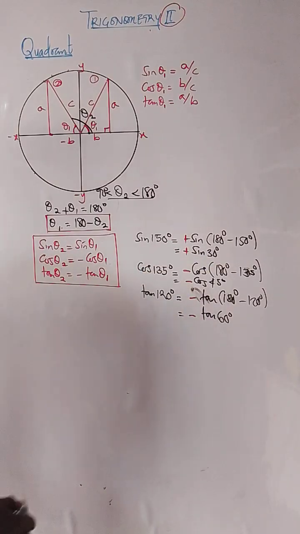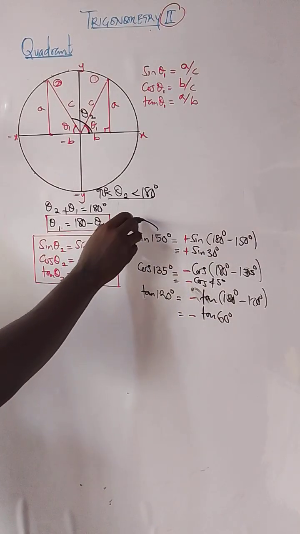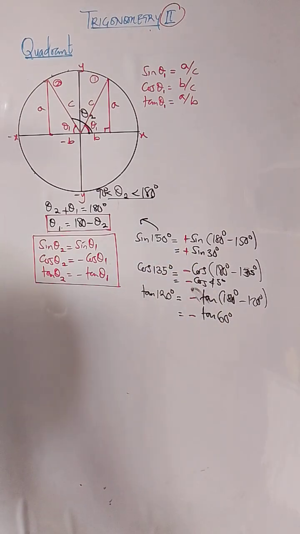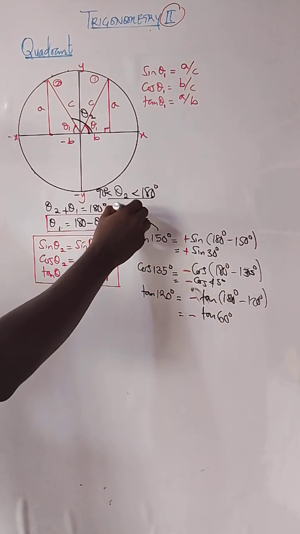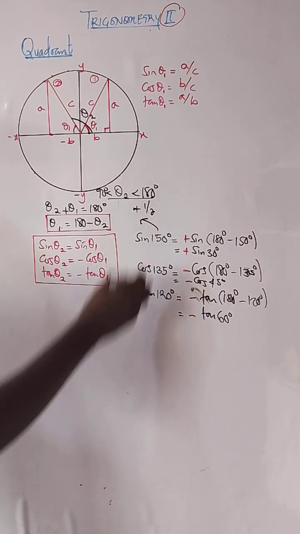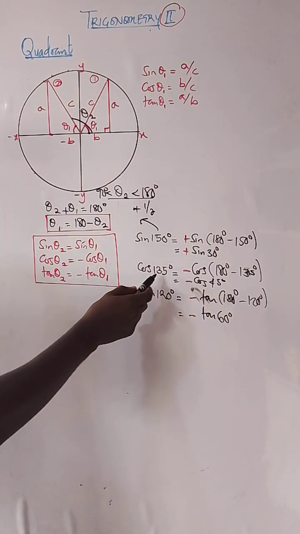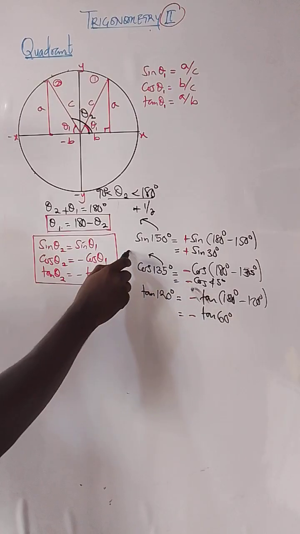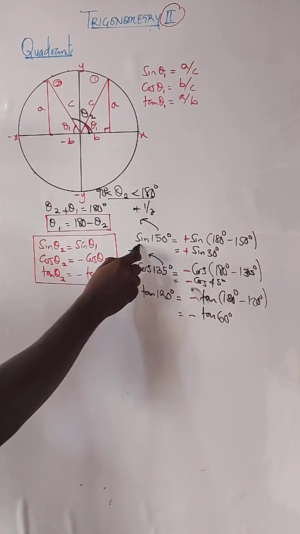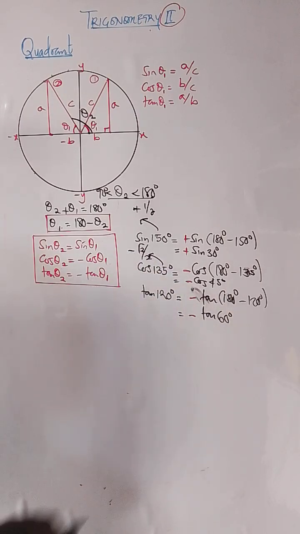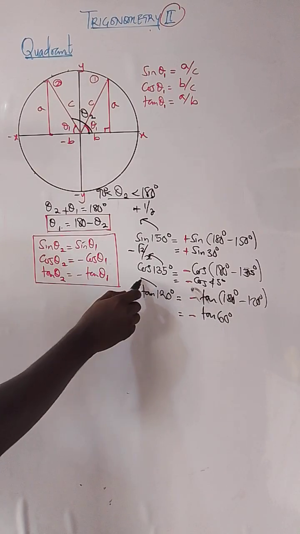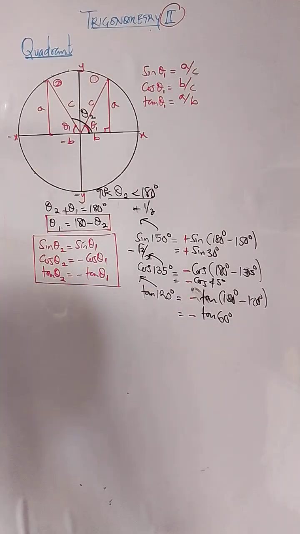So at the end of the day, sine 150 is equal to sine 30, which is half, the special angle. That will be plus half. That's the answer. Then cos 135 will be equal to negative cos 45. What's cos 45 special angle? Root 2 over 2. So it's minus root 2 over 2. Then lastly, tan 120 is the same as negative tan 60. Tan 60 is root 3 over 1, that's root 3.